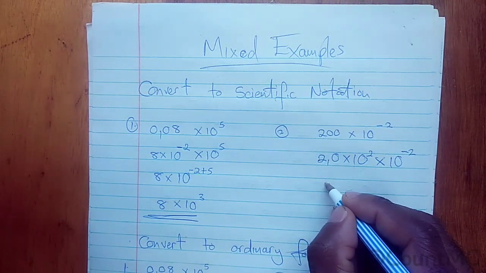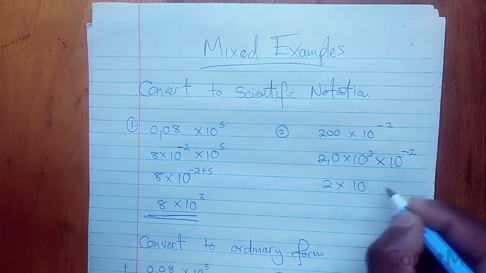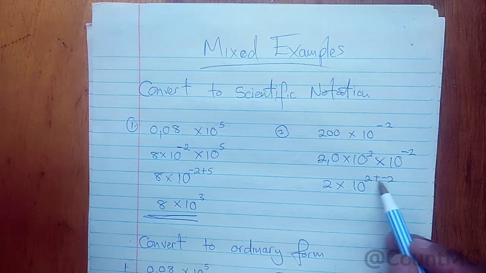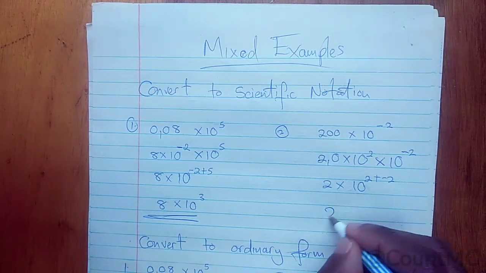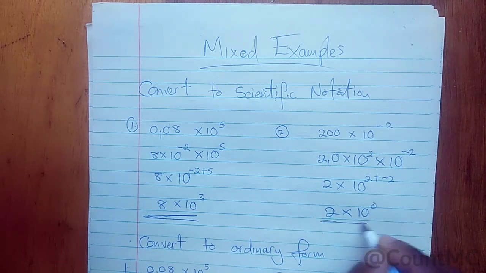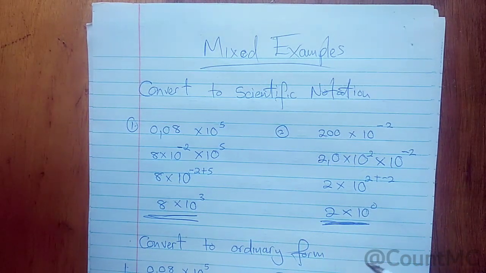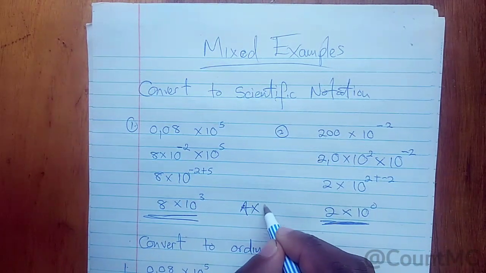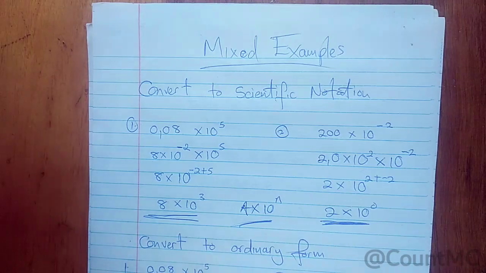So this will become 2 times 10 to the power 2 plus a minus 2. 2 plus a minus 2, that's a 0. So this is 2 times 10 to the power 0. Yes, 10 to the power 0 is 1. But you have to write it in scientific notation. And remember, in scientific notation, it's a times 10 to the power n. So you have to leave it like this.